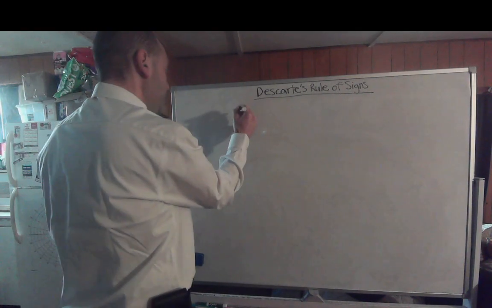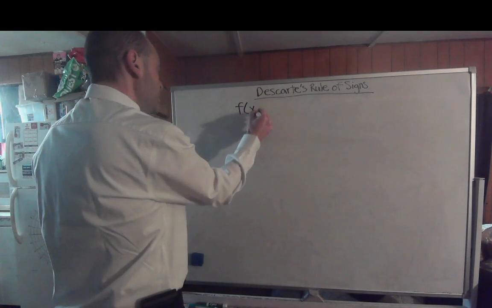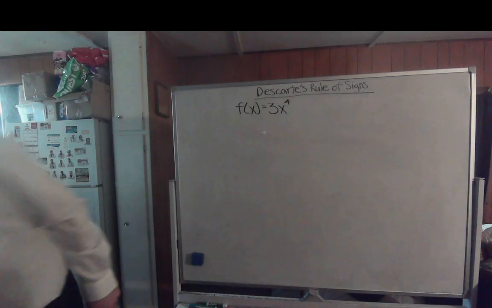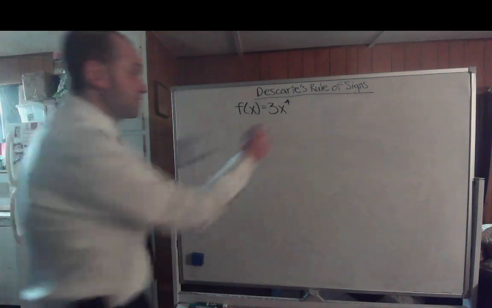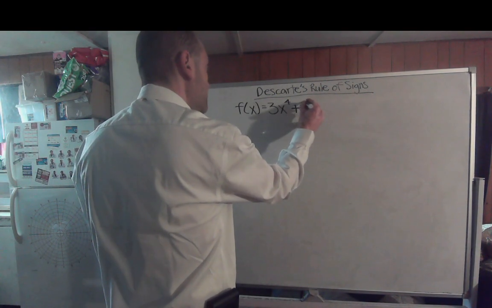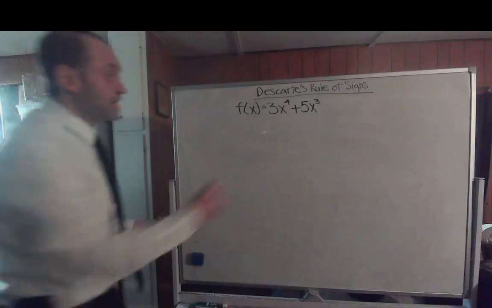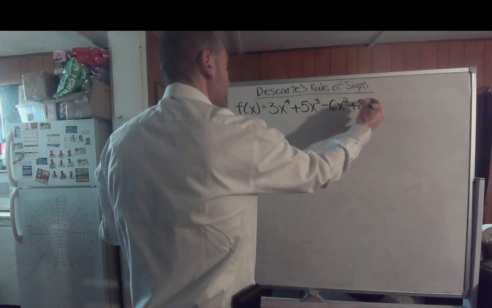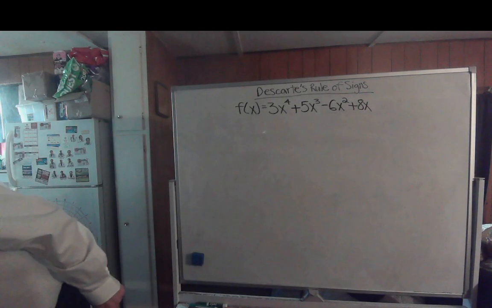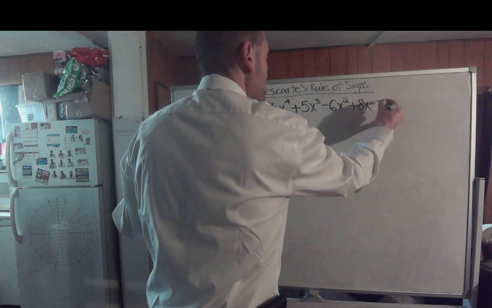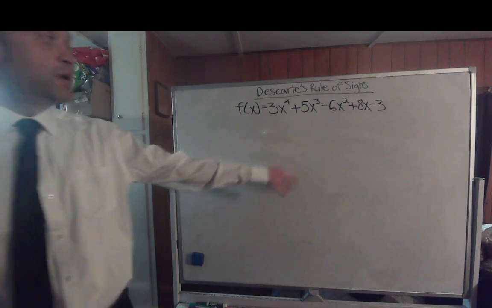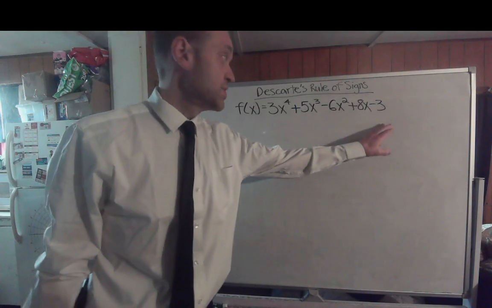All right, so we have here f of x equals 3x to the fourth plus 5x to the third minus 6x squared plus 8x minus 3.